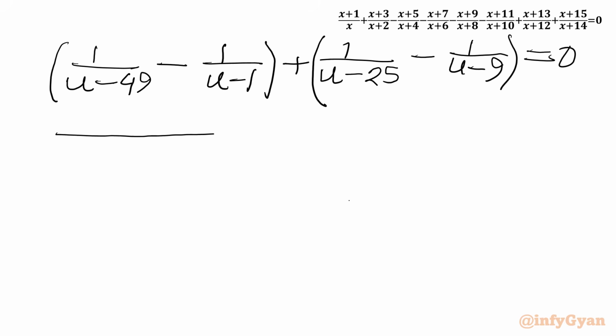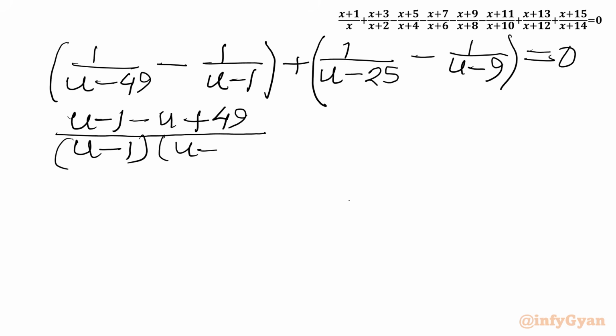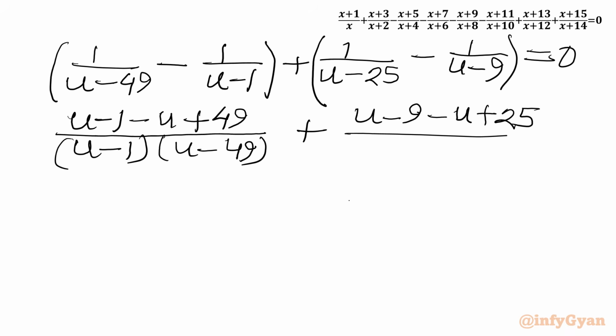So we will get u minus 1 minus u plus 49 in the numerator, and in the denominator we'll write u minus 1 times u minus 49. Here we'll be writing u minus 9 minus u plus 25 over u minus 9 times u minus 25 equal to 0.